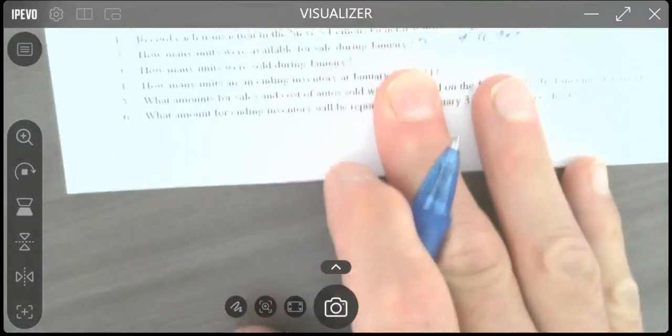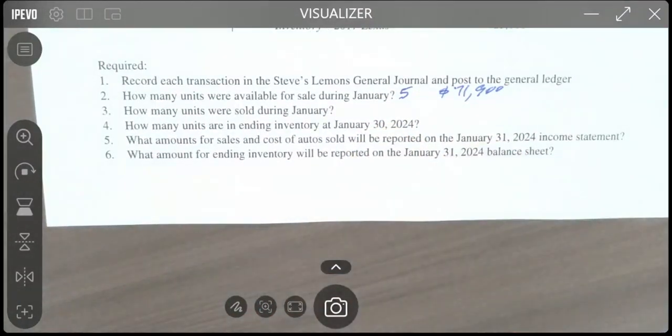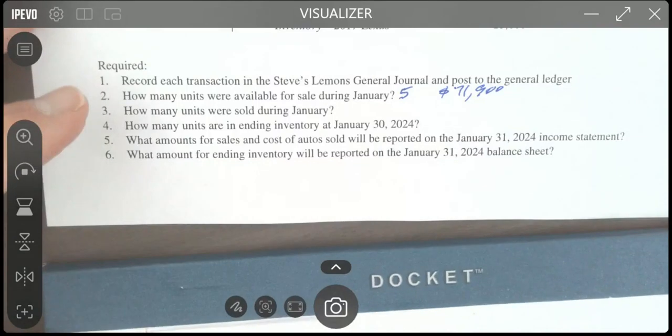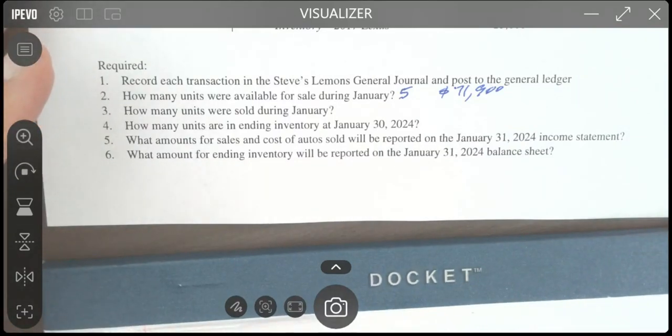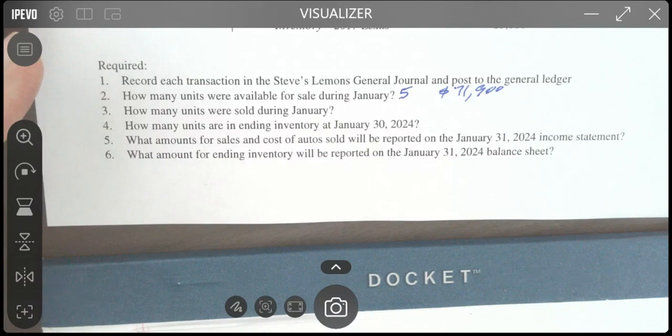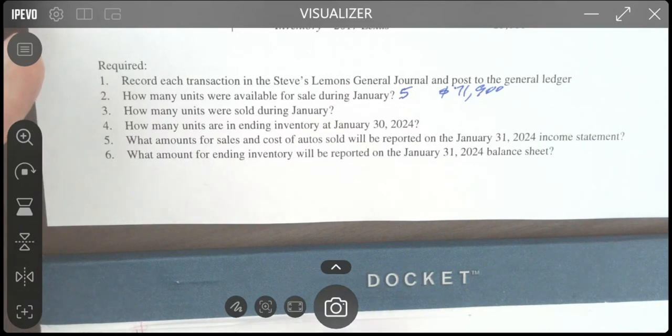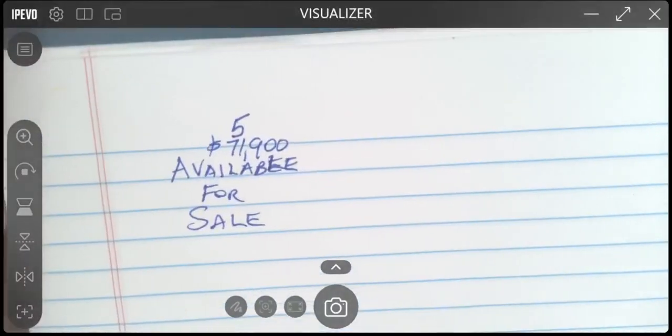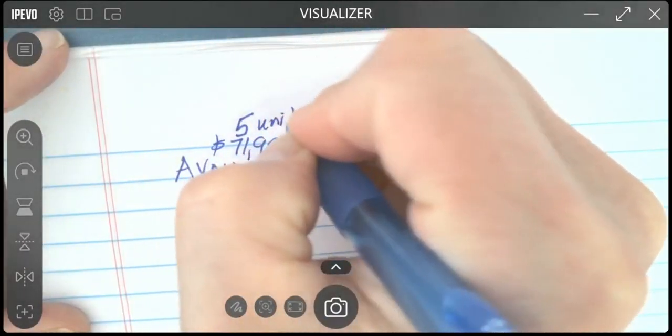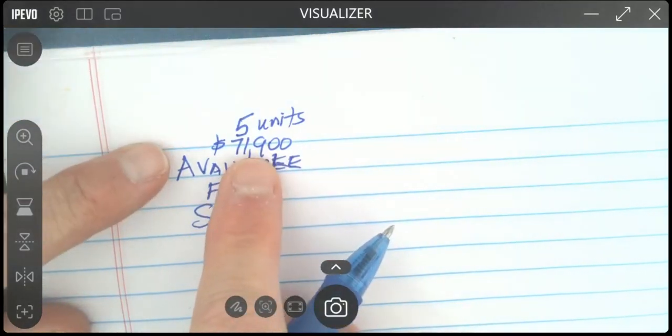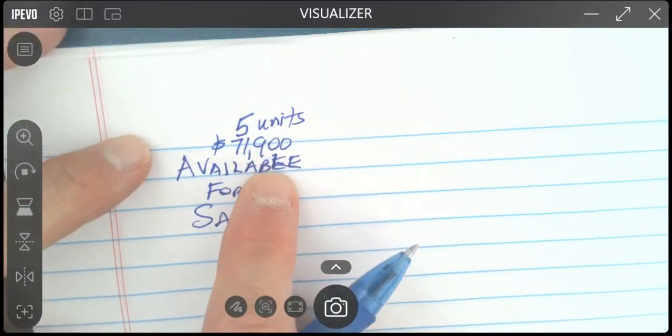Okay, let's track some of this. Excuse me 1 second while I write something for you. So, available for sale is 5 units, and available for sale is also the cost of those 5 units, $71,900.